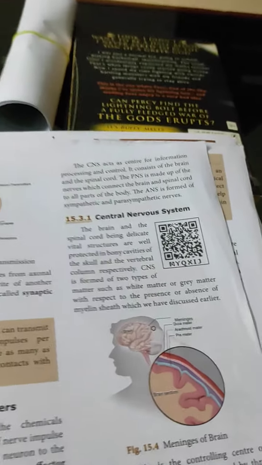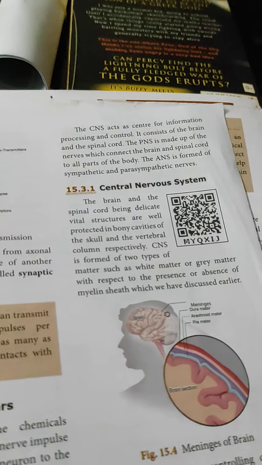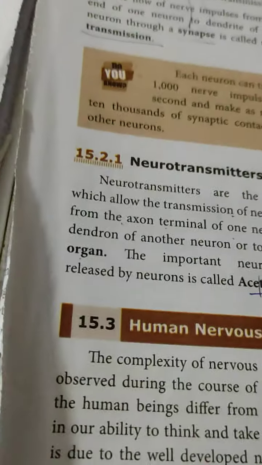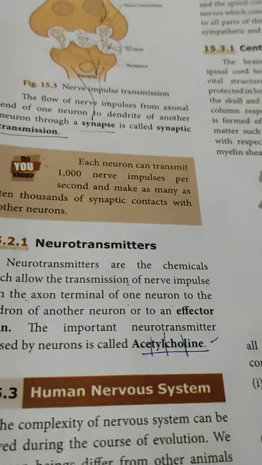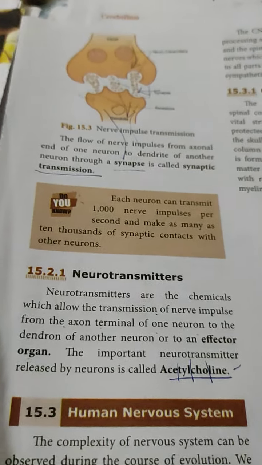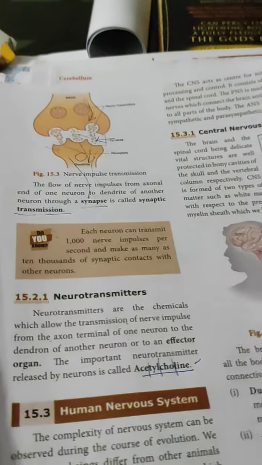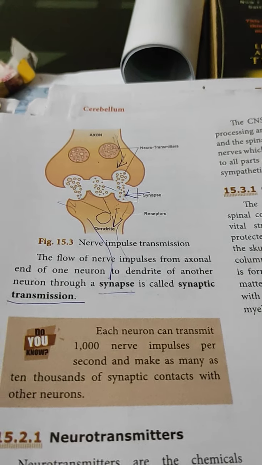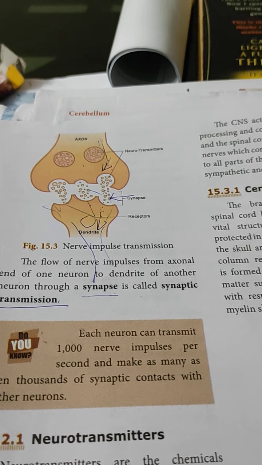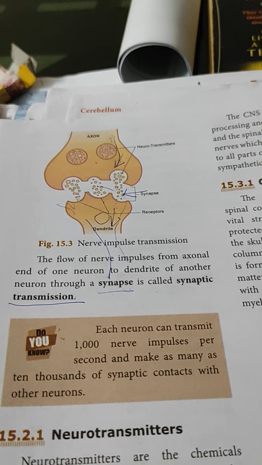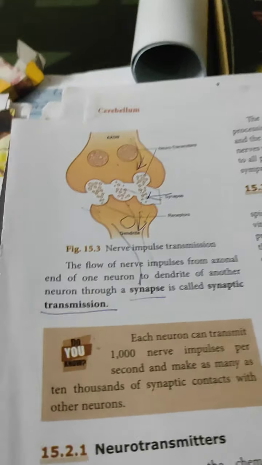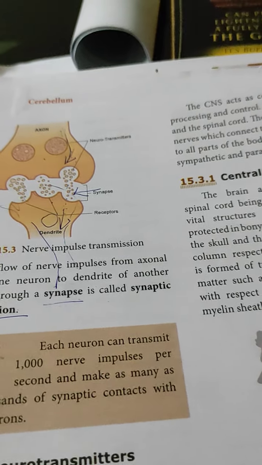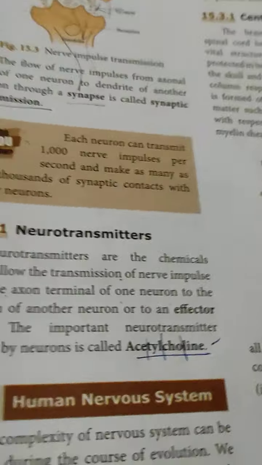Now the next part we are going to discuss is the human nervous system. The complexity of the nervous system can be observed during the course of evolution. If we see invertebrates, they don't have a brain, but nerves are there, so they can receive different types of stimuli and give a response. But from invertebrates to vertebrate animals, and among vertebrates, human beings show more complexity in brain structure.